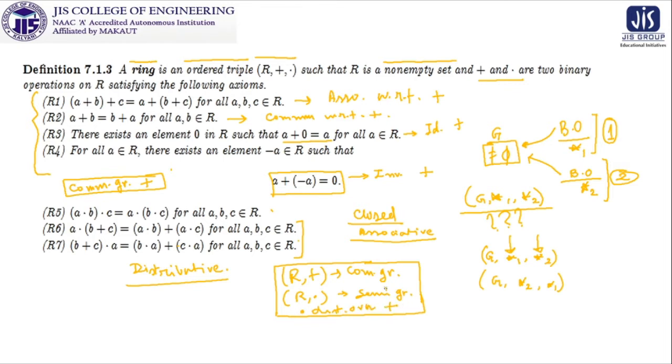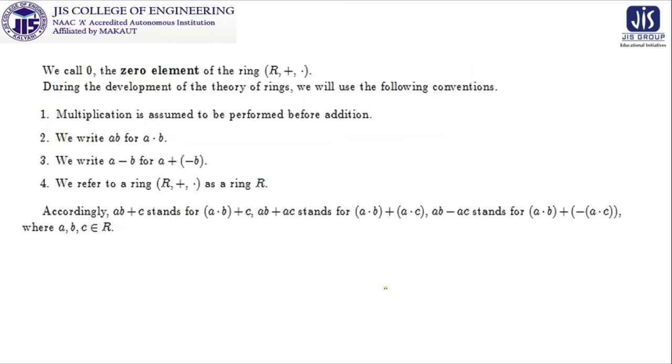You can keep this definition also in your mind. Now we call 0, that means the additive identity, the zero element of the ring.